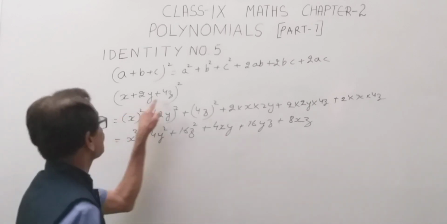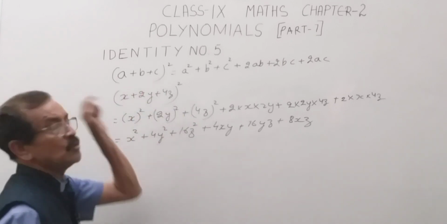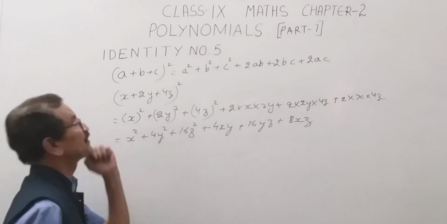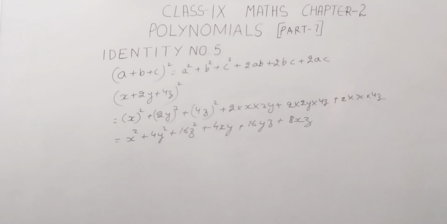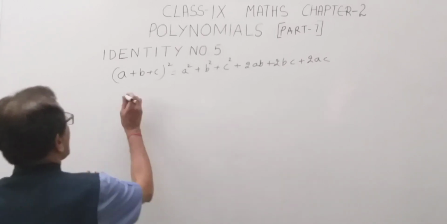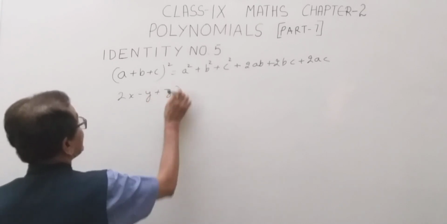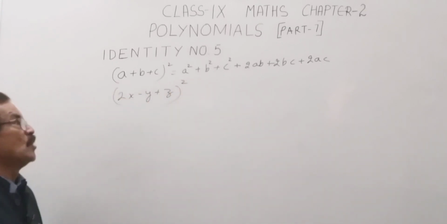Furthermore, if we have a polynomial where one or two of the terms are negative, now how do we proceed with such questions? Let's see. When one of the terms is negative, how do we go about it?